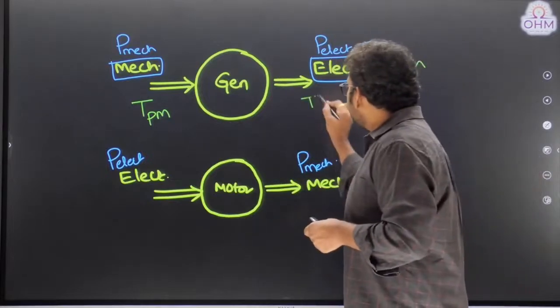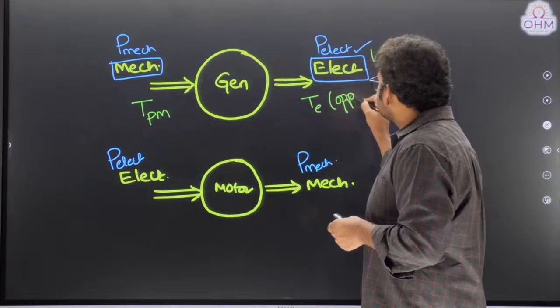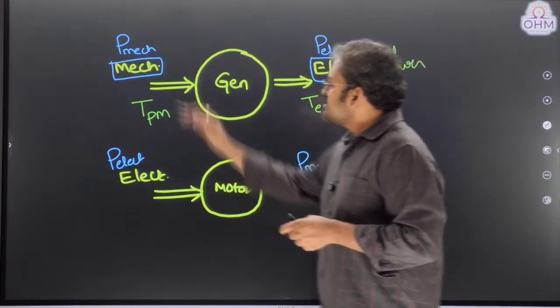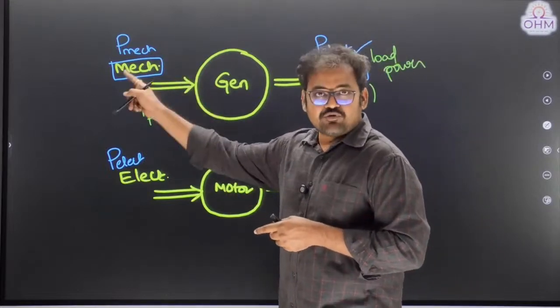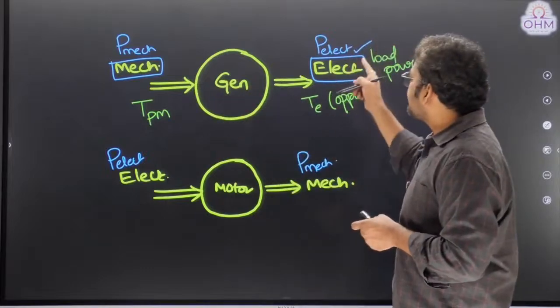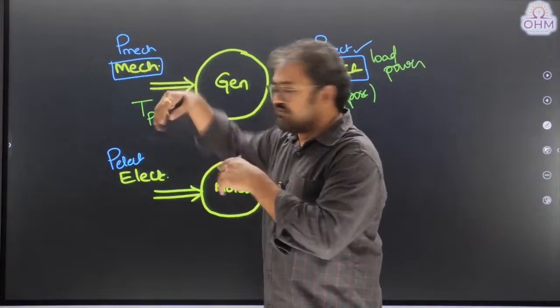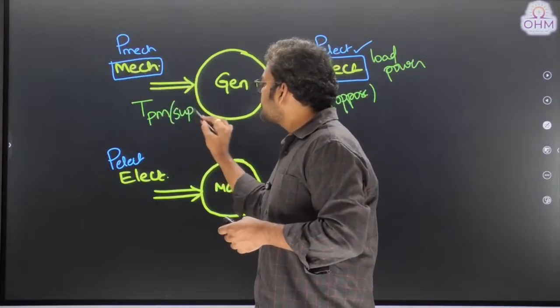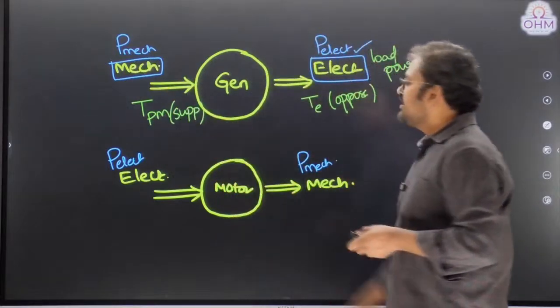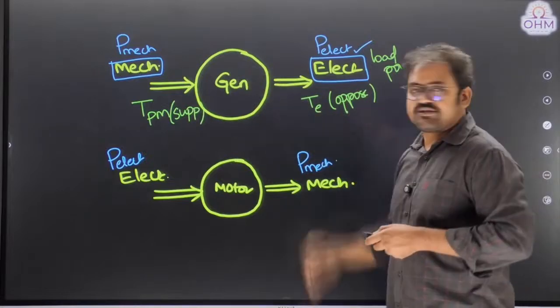Therefore, electromagnetic torque will oppose. Always remember, supporting torque is from the input side, opposing torque is from the load side. As input is mechanical power from the prime mover, prime mover torque will support the rotation, and electromagnetic torque will oppose the rotation. This is in a generator.